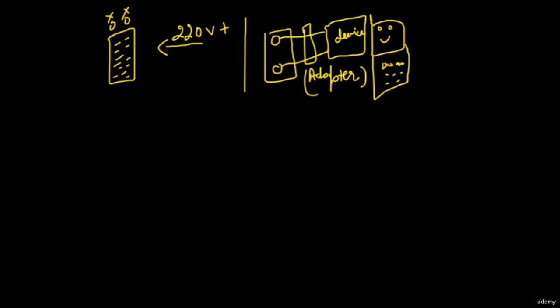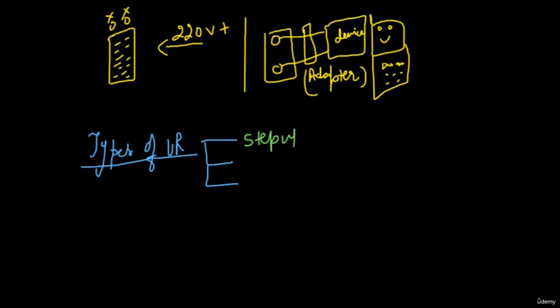There can be many, but let's see the basic three: the step up voltage regulator, the step down voltage regulator, and you can also consider the third one as inverters. These are the kinds of voltage regulators we are going to explore in our topic.